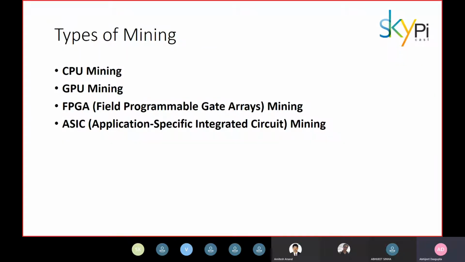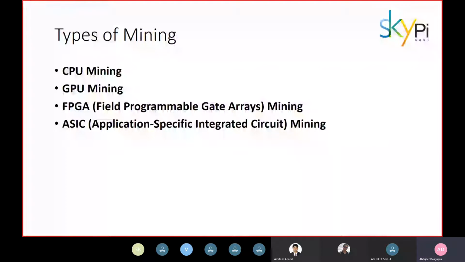The next type of mining that we are going to see is FPGA mining, or field programmable gate arrays mining. FPGA mining is a very efficient and fast way to mine cryptocurrencies compared to GPUs, and obviously outperforming CPU mining. FPGAs typically consume a very small amount of power and provide relatively high hash rates, making them more efficient and viable than GPU mining.